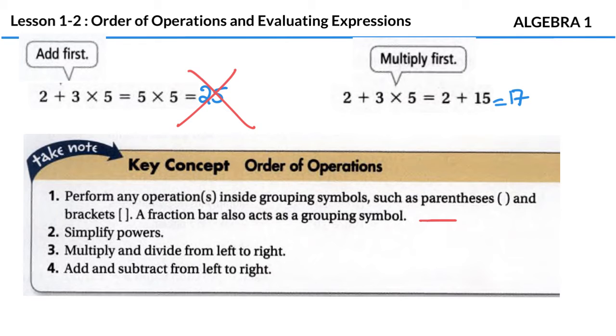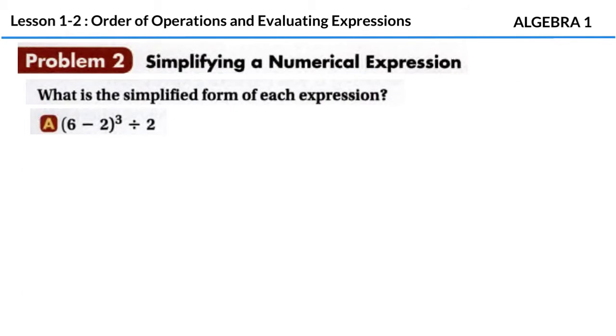Let's work out some of the problems applying this order of operations. Let's try this. What is the simplified form of each expression? (6 minus 2) to the power 3 divided by 2. Now, according to the order of operations, what will we do first?